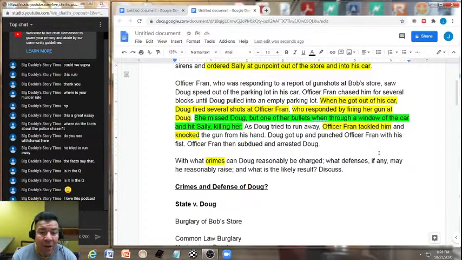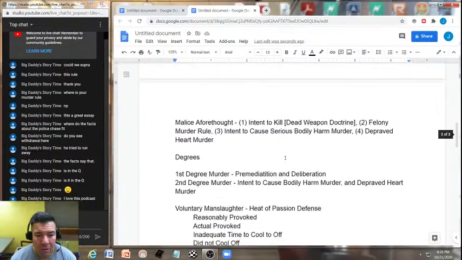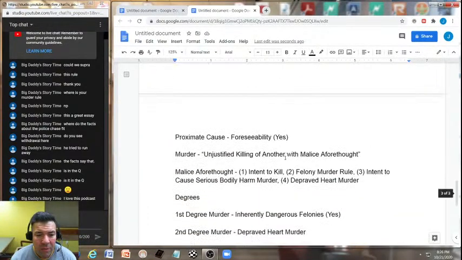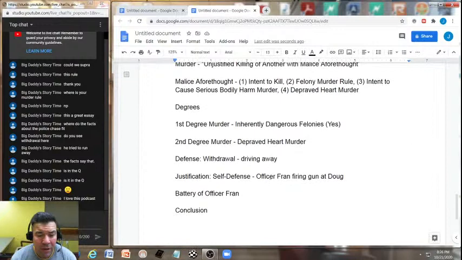Is he going to try to say that in resisting arrest he was defending himself? You could argue that, but was his life in immediate danger? No, and that's why this defense will fail. So this is going to be a no-win defense for Doug.